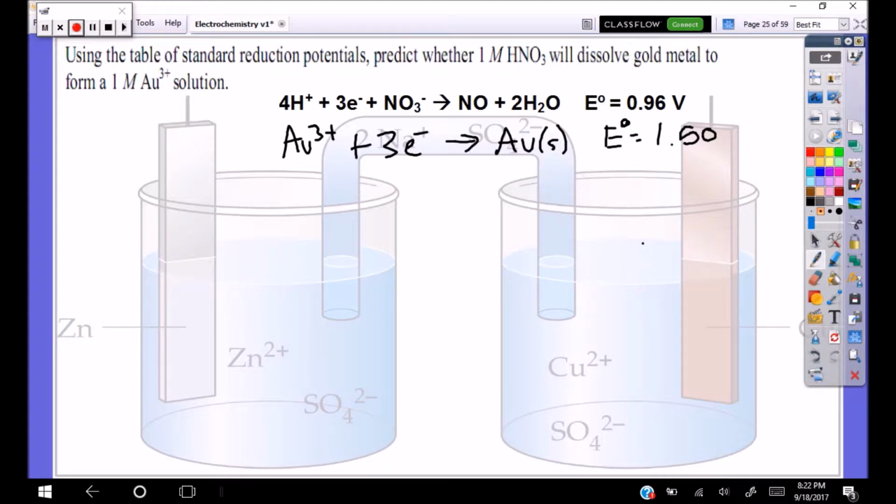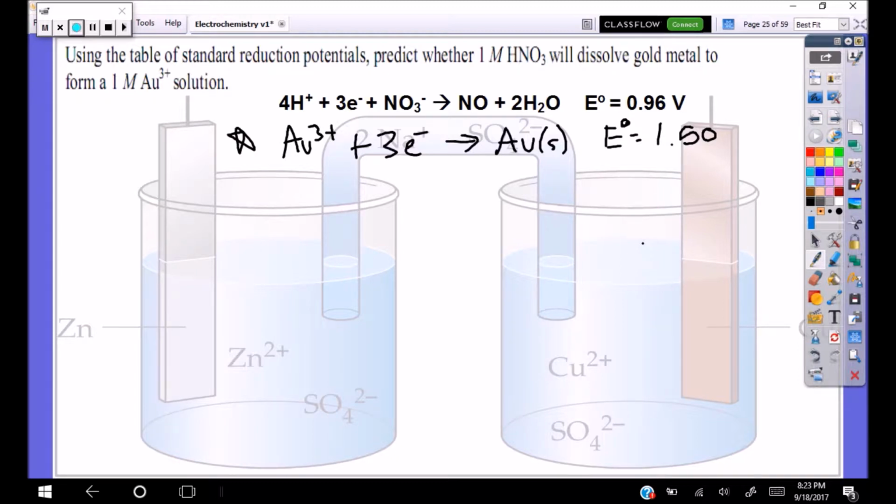So first things first, we need to look at what we have as our reactants. In our first half reaction, the nitrate ion is on the correct side. We want that as a reactant. But if we look at our second one here, you see that the gold ion is on the reactant side. But we don't want gold as a reactant, we want it as a product.